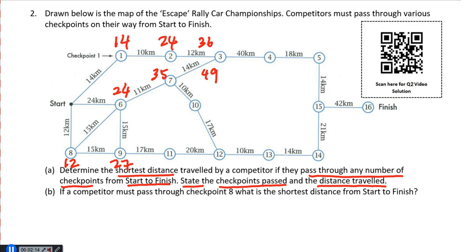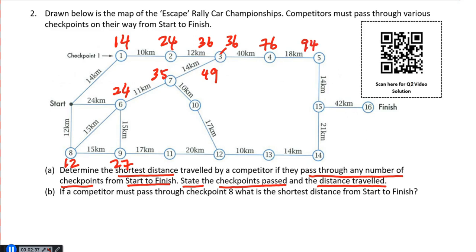So for this part, checkpoint 13, we would go for the shortest one, which is 36. So this one here is 36. 36 plus 40 becomes 76. 76 plus 18 will be 94. So for this part here is 94.